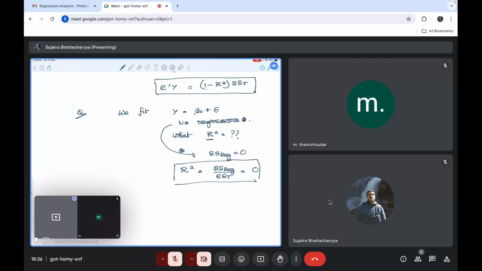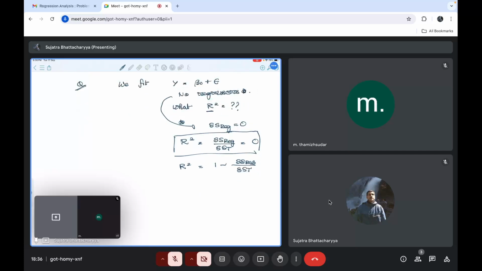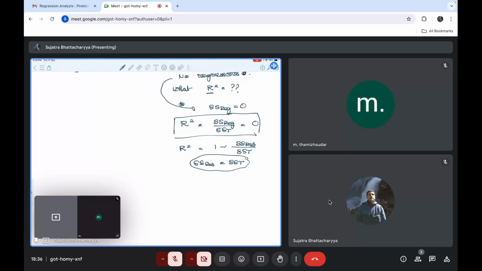From 1 minus SS residual divided by SS total, if R square is 0, we get SS residual equal to SS total. Remember, when we were doing partial F tests, we always took SS total equal to SS residual for a no regressor model.